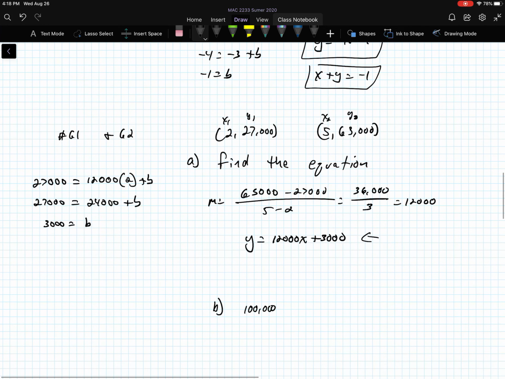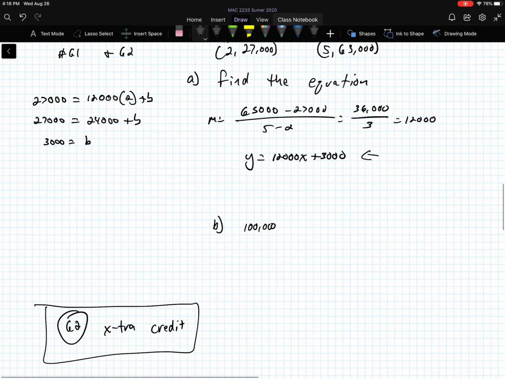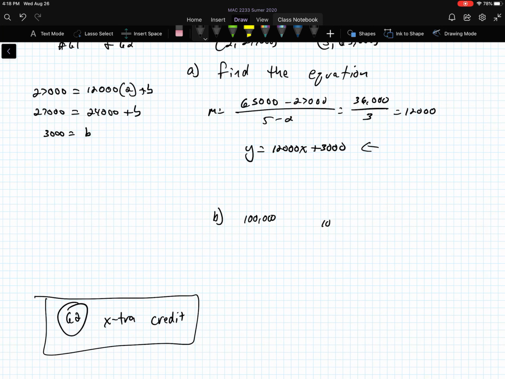Here's the equation. And then part B says use your answer from part A to find out how many years must pass before the sales surpass 100,000. So then it's going to be 100,000 is equal to 12,000x plus 3,000. All right, so that's the equation. We're solving for x. X is time. So this is going to be 97,000.